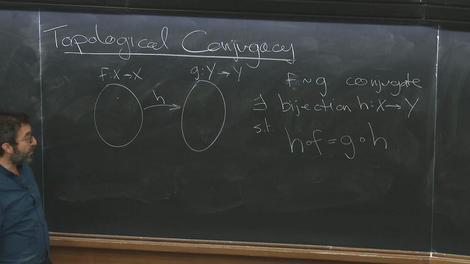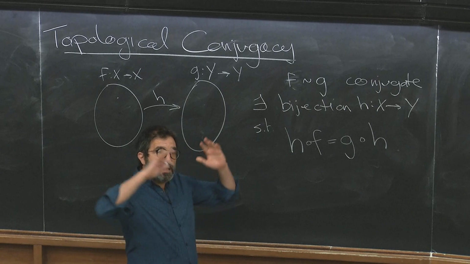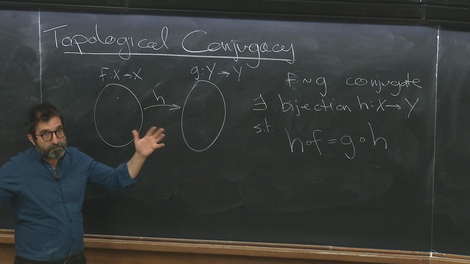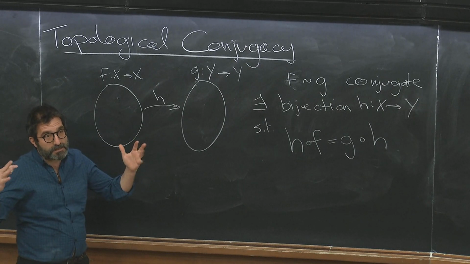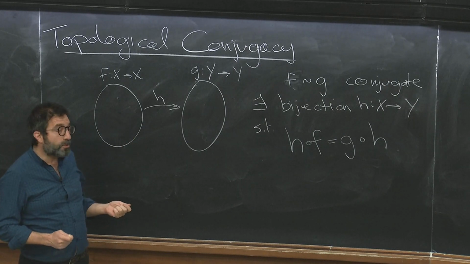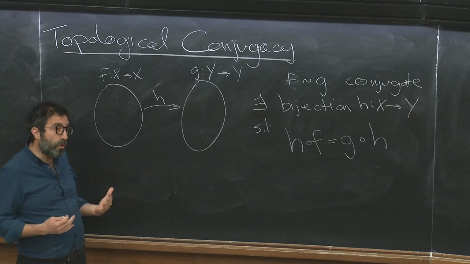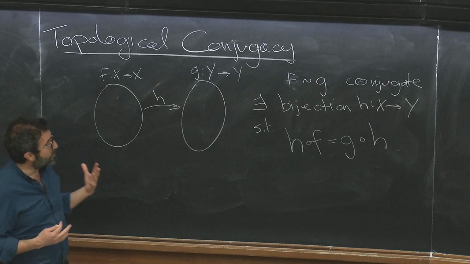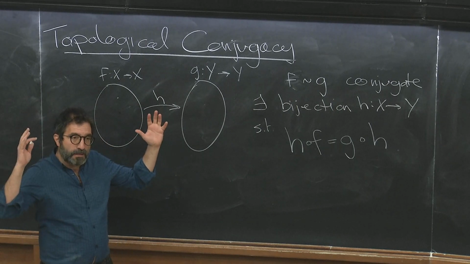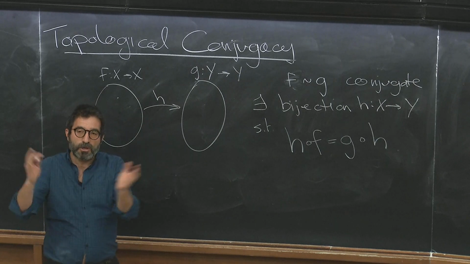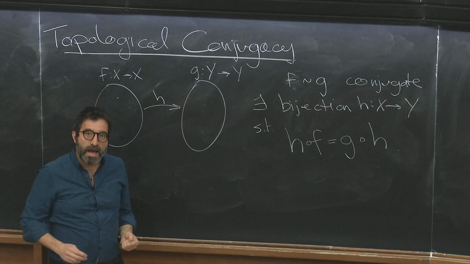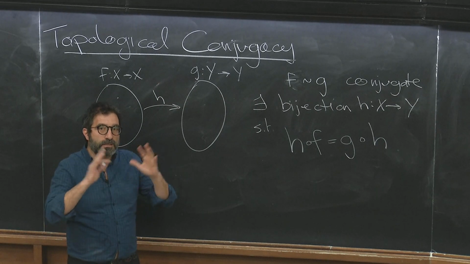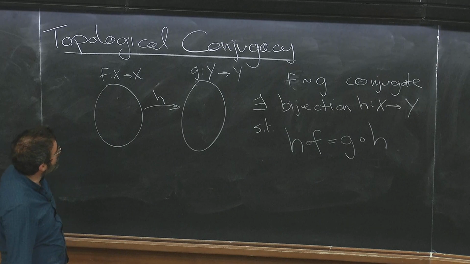An equivalence relation separates your dynamical systems into equivalence classes, sometimes called conjugacy classes. This conjugacy allows us to make big groups of systems that are conjugate and think of them as being equivalent. So it reduces the number of systems that we have to look at.